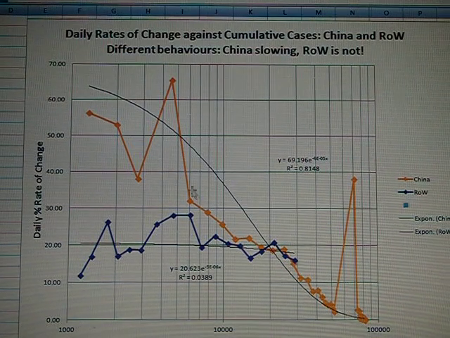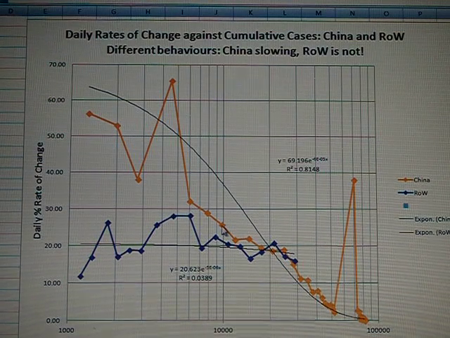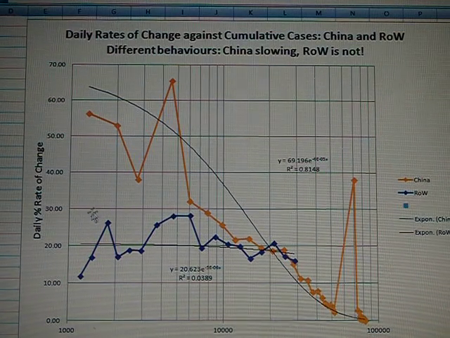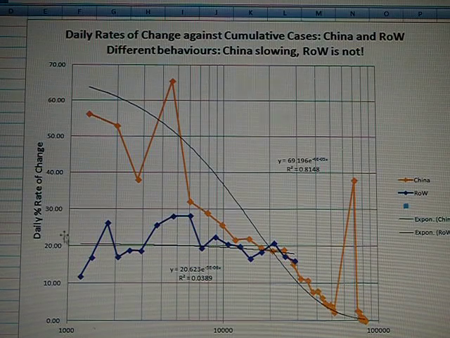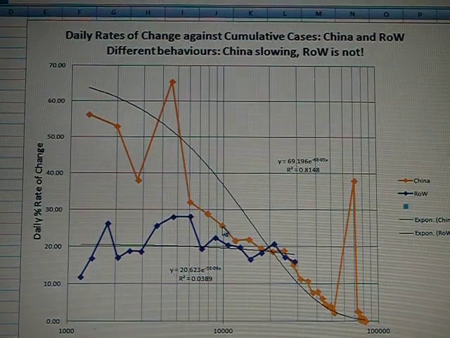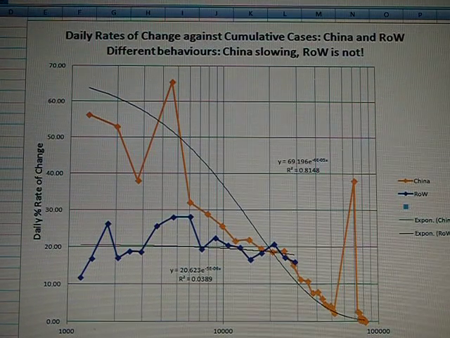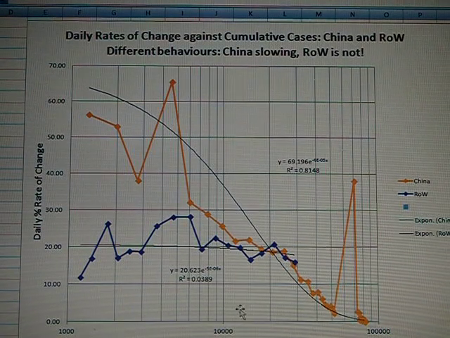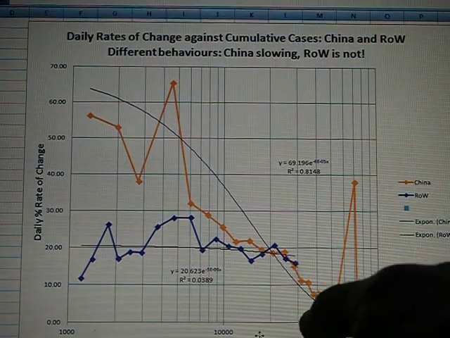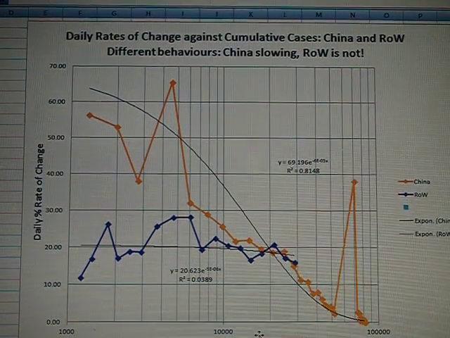But quite soon, by the time China got to 10,000 cases, you were down at about 25%. Here's 20, here's 30. Okay, 25% increase per day at 10,000 cases. By the time you got to about 20,000 cases, which is this line here, because this is a log scale, so you got 10,000, 20,000, 30,000, 40, 50, 60, 70, 80, 90, 100,000.